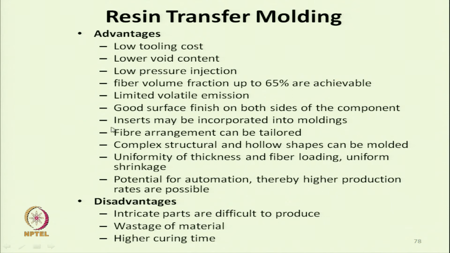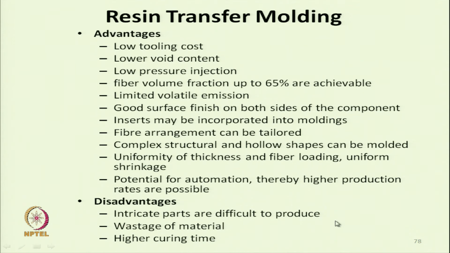There are other advantages. So, complex structure can be produced, even hollow shape can be produced if we can manufacture the mold. The main disadvantage is that intricate parts are difficult to produce.